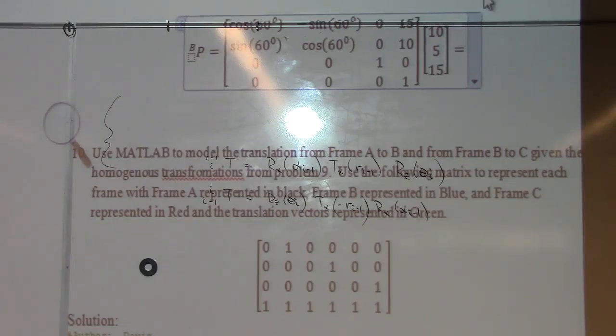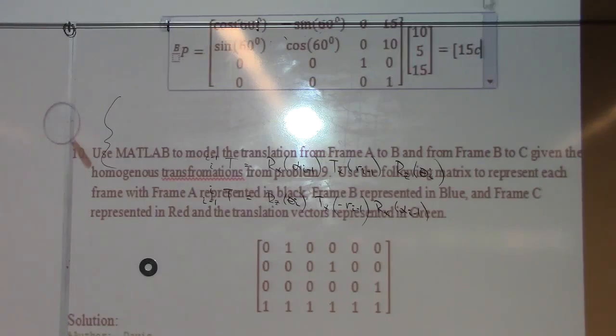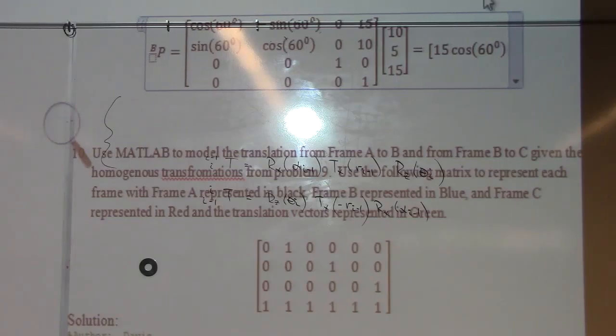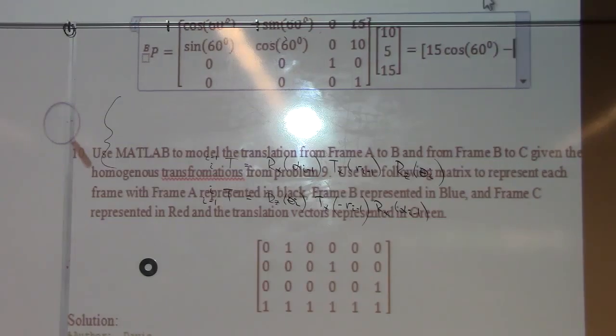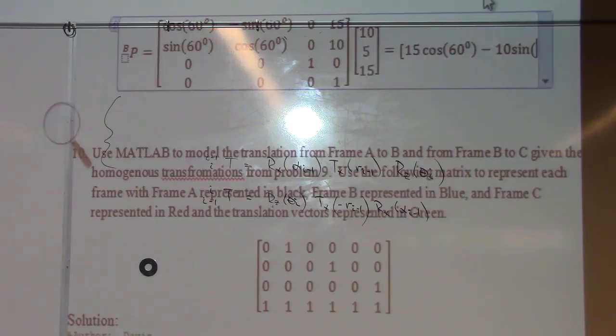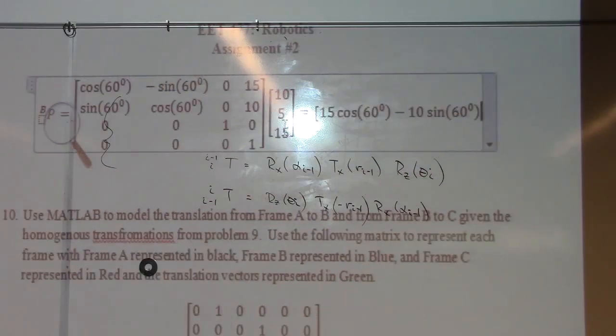Okay, so with that then we're going to have 15 cosine of 60 degrees minus 10 sine of 60 degrees. And let's see, oops. I messed that up, didn't I?